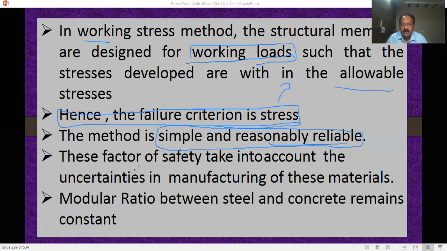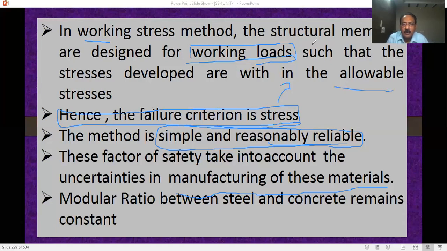These factors of safety take into account the uncertainties in the manufacture of the materials. Why have we taken different factors of safety for concrete and steel, which we just discussed? Because of uncertainties. Manufacturing defects may be there.